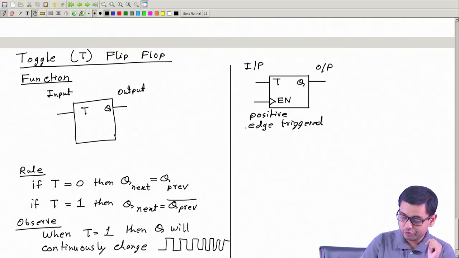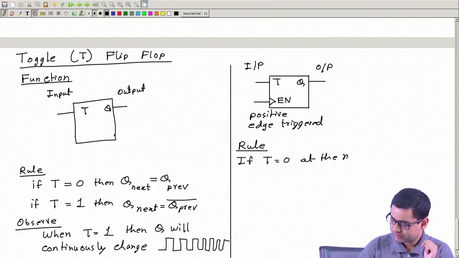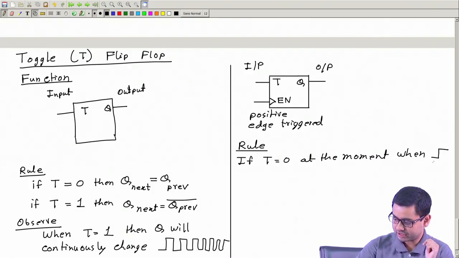Now how will this device work? The rule is that if T is equal to 0 at the moment when a rising edge comes at enable, and let me draw the rising edge like this. This symbol means a rising edge, for ease of writing I'm using it.